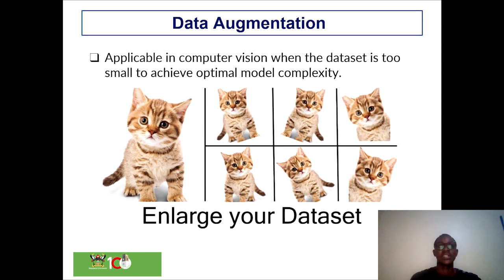So when you have a small data set, you can diversify your data set by using data augmentation techniques, and this way you have more meaningful data for your algorithm to learn, and in turn that means this method is helping you achieve an optimal model that way.